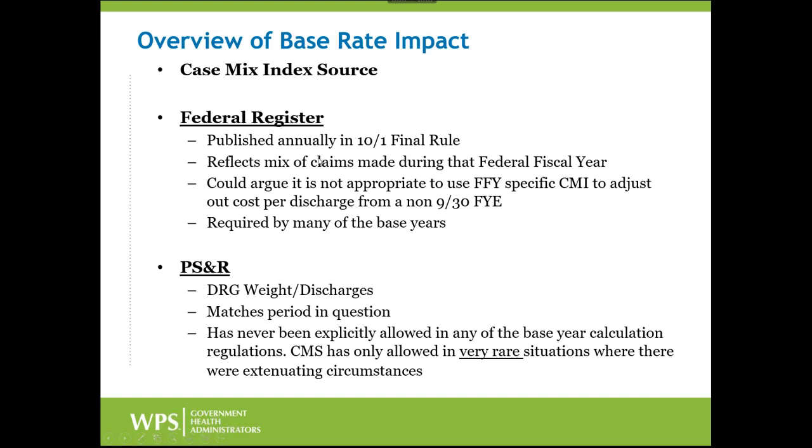Keep in mind, though, the Federal Register is a snapshot of the data they had at that point. If you have claims submitted or adjusted after that fact, even though they relate to that year, then of course the Federal Register is going to show the older data. There's just no way around that.